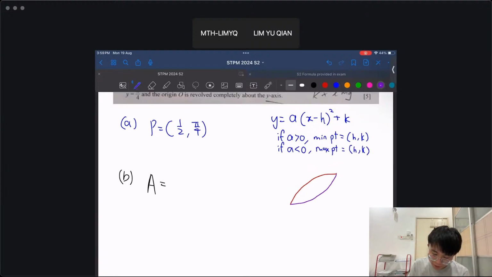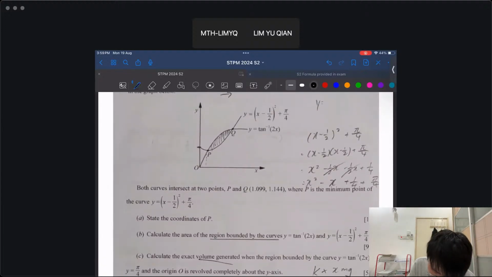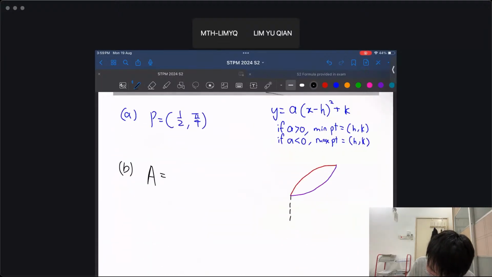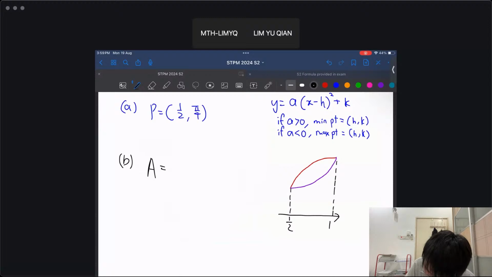Q is already given, so you must use the x coordinate of Q and also the x coordinate of P. P is where x is 1 over 2, the x coordinate of P. Q is already given as 1.099, which is the x coordinate.